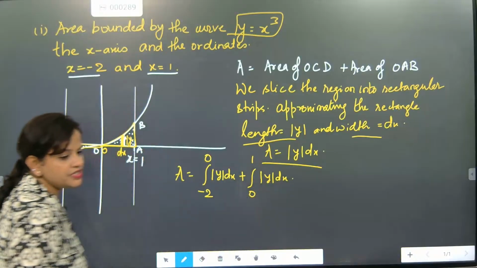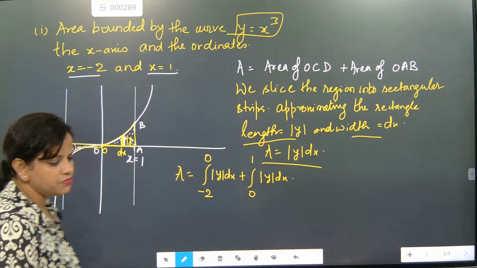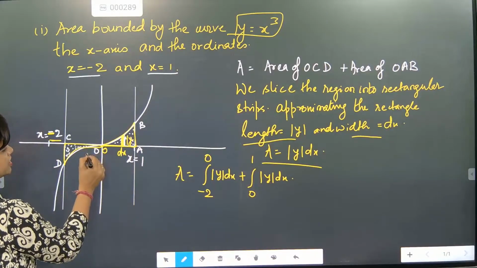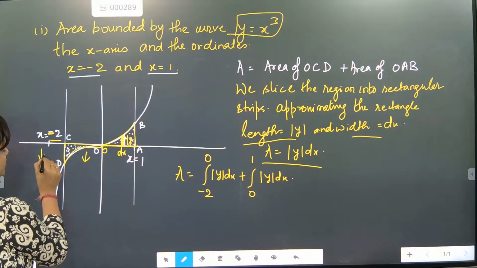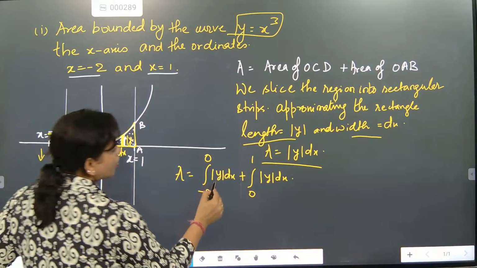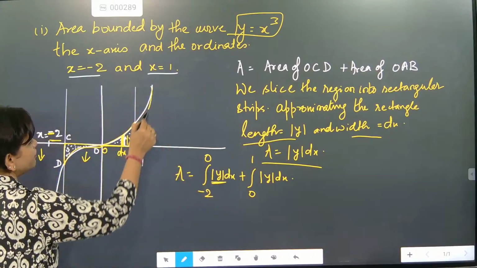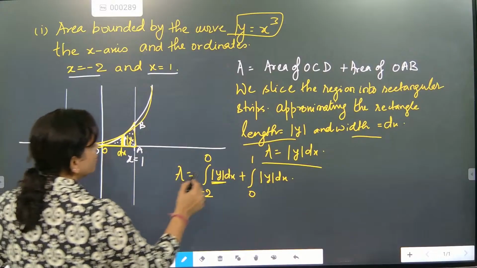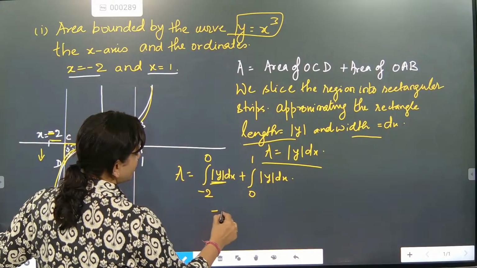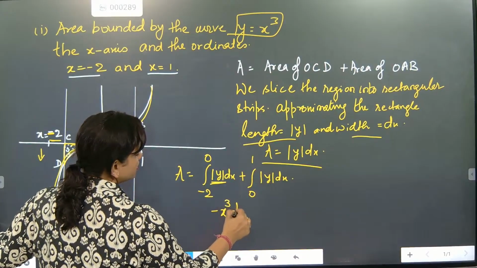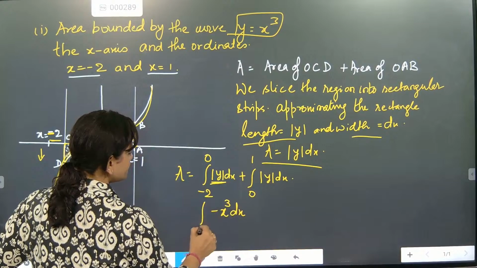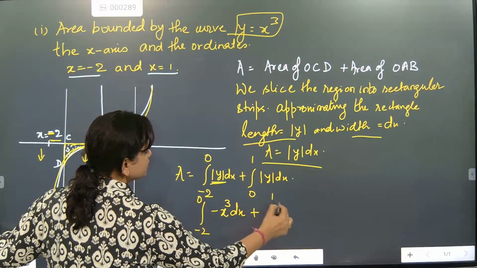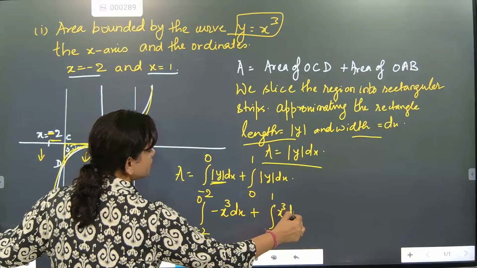Now always remember, here only the maximum mistakes are made. The first part: since the region is below the x-axis, the modulus of y, because this is coming from the same curve, will become minus x cube dx, from -2 to 0, plus from 0 to 1 of x cube dx.